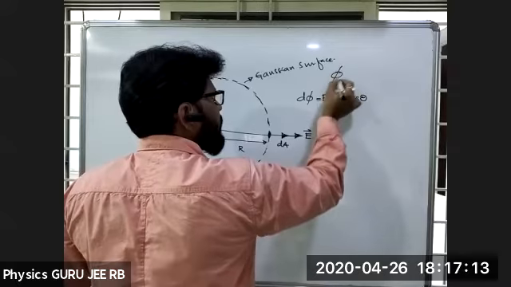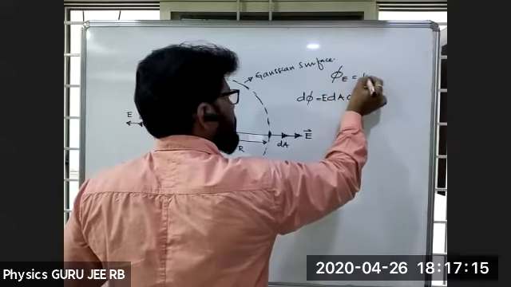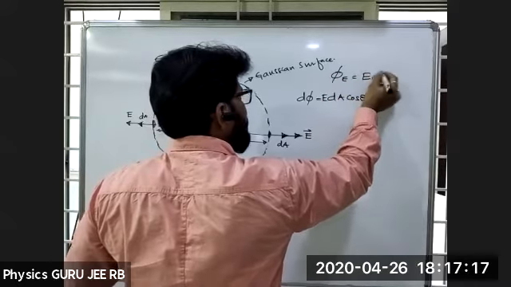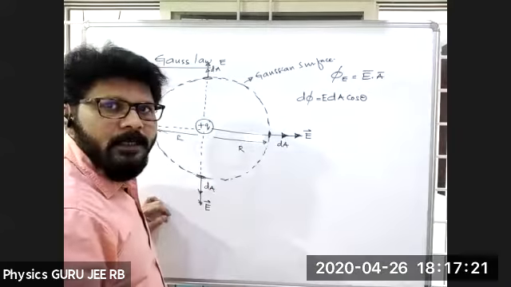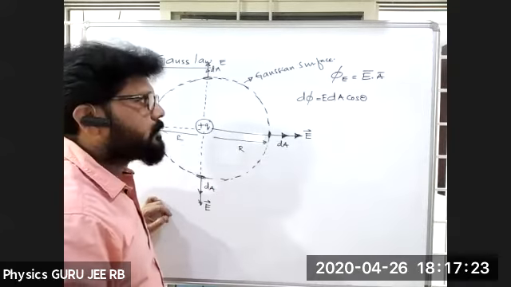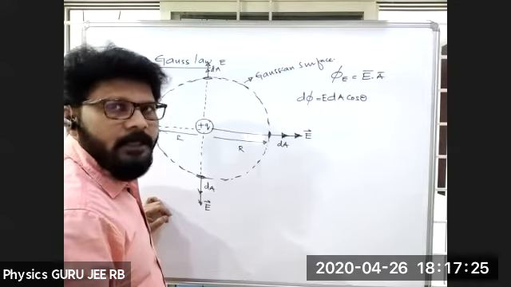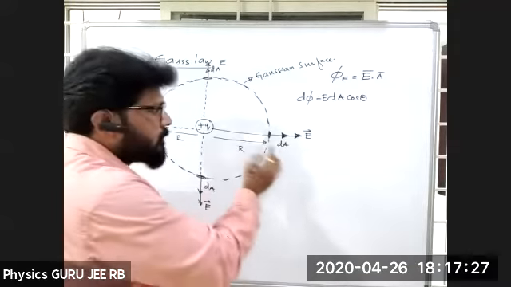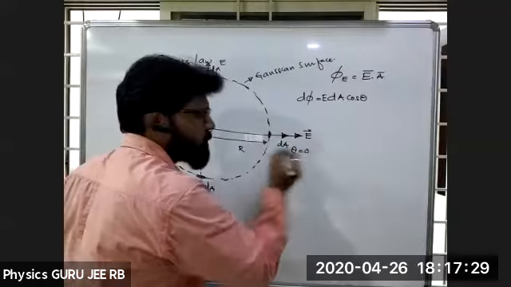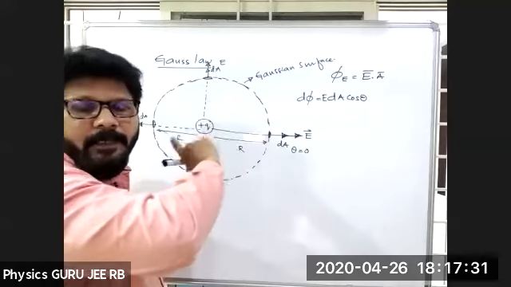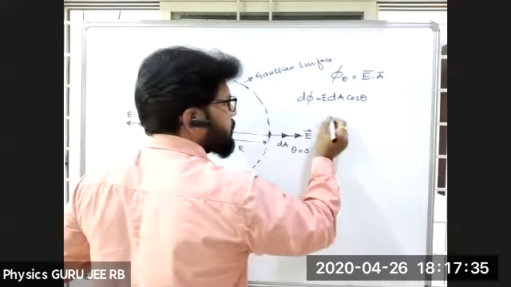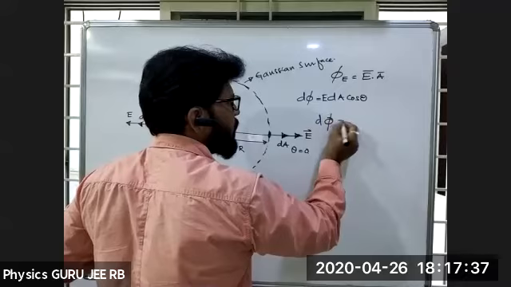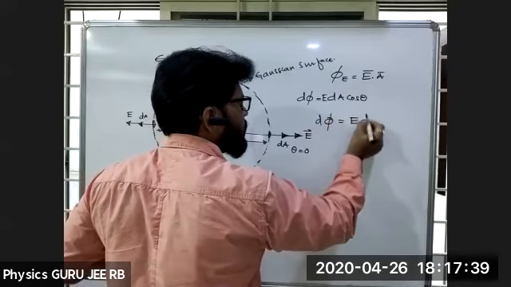Already we discussed the flux equals E dot A. It's nothing but the scalar product of two vectors, E and A. Phi is equal to E into dA cos theta. So theta will be 0 here. At any point, theta will be 0.